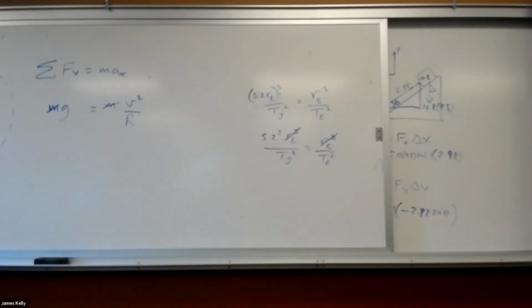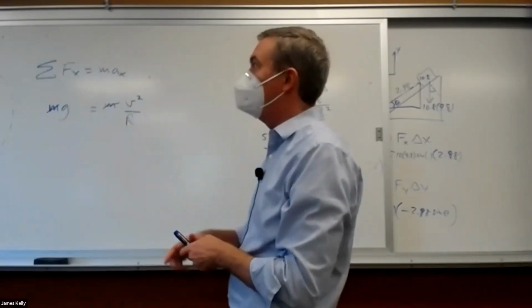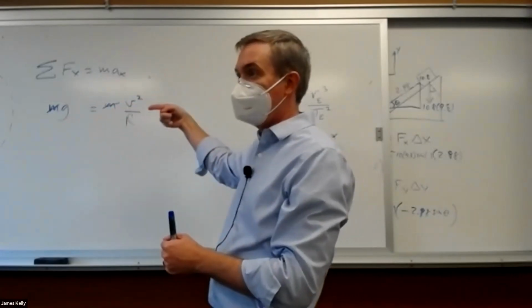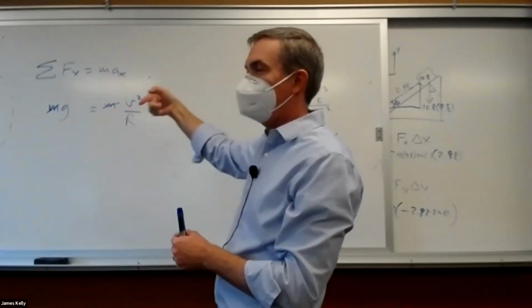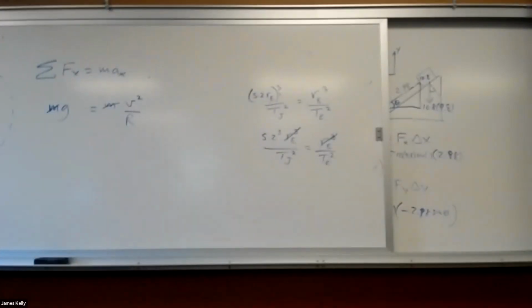Well, if we knew the RPMs, that would be true. But where in the physics formulae do we usually see a v appearing? v squared over r. So you're going to want to draw that circle. The tension, you already know the tension that's going towards the center, right? So do F net x equals m a x, and the a x is going to be v squared over r, and you'll solve for v.